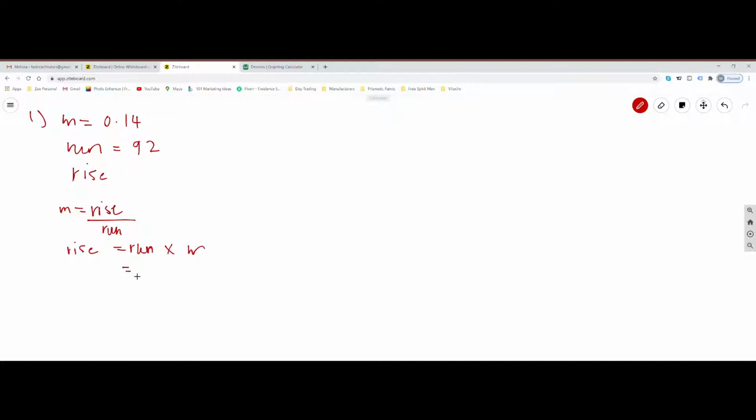So run is 92 and the slope is 0.14, which is equal to 12.88 inches. And to the nearest hundredth, it would be 12.88 inches.